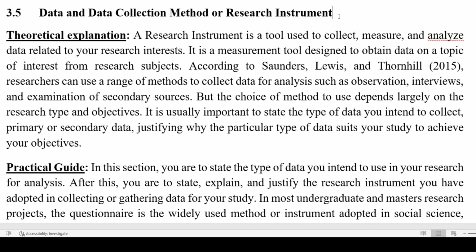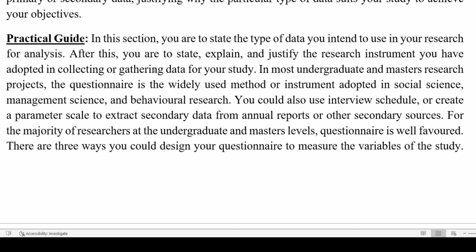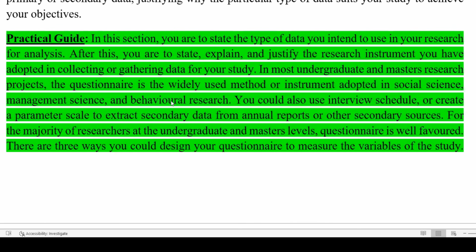So now I will go to the practical guide and then I will explain certain things further. Look at the practical guide there. It's highlighted green. What you are expected in this section to do: state the type of data you want to collect.